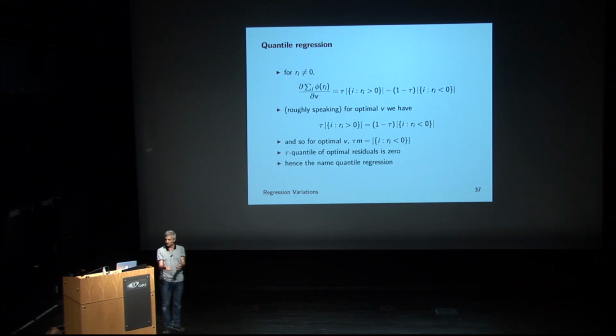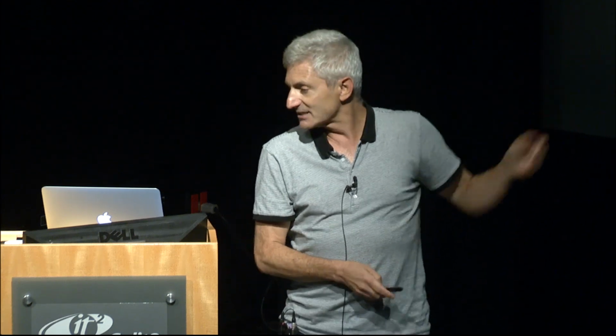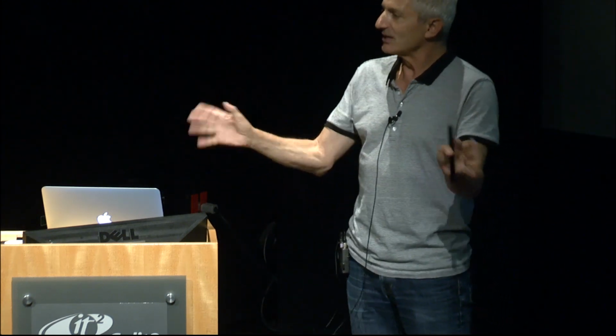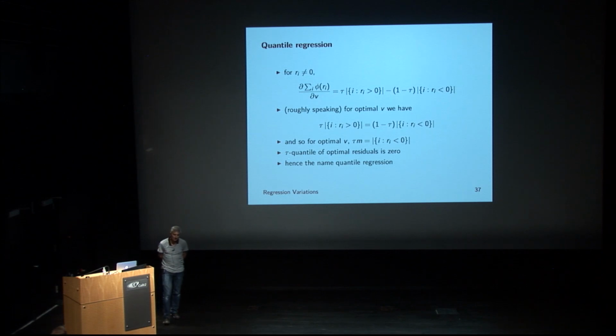If someone says, tell me about the distribution of your residuals, you can say, well, the mean is 0, on the training set exactly, on the test set, close to it. If you do quantile regression and someone says, tell me about your estimates and how much you're off by, what are the residuals? The answer would be, well, the 90th percentile is 0, or the 10th percentile is 0, or the median is 0, right?